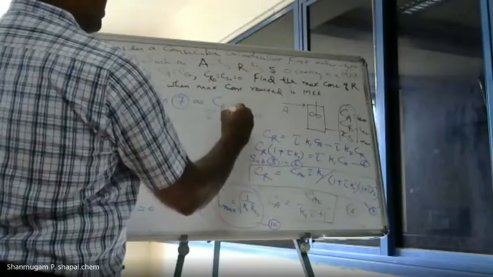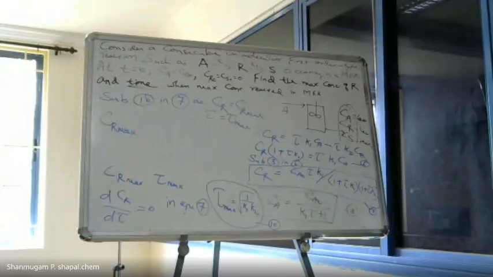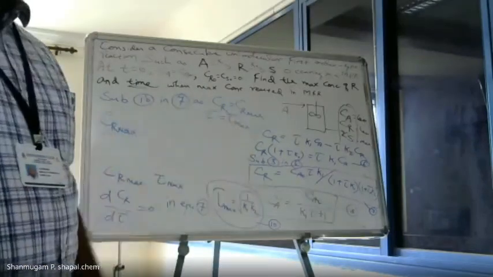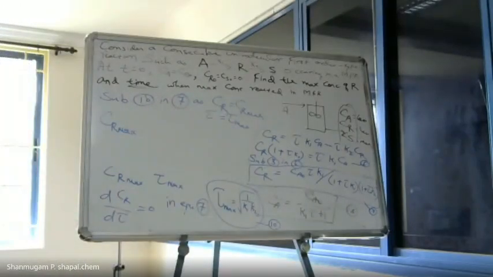Sometimes they will call tau max the optimum tau or the optimum space time here. If they say so, they will put tau opt, or you can put tau max and tau opt. Everything is the same here, so you don't need to be confused.